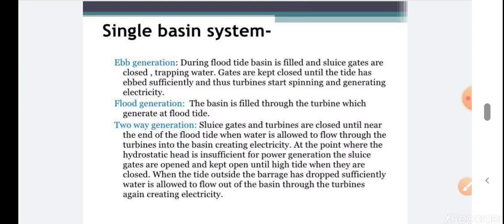While in flood generation, the basin is filled with water through the flood turbine, meaning the water will now flow from the seaside into the basin in this system. In two-way generation systems, as I have already told, both flood generation and ebb generation happen.